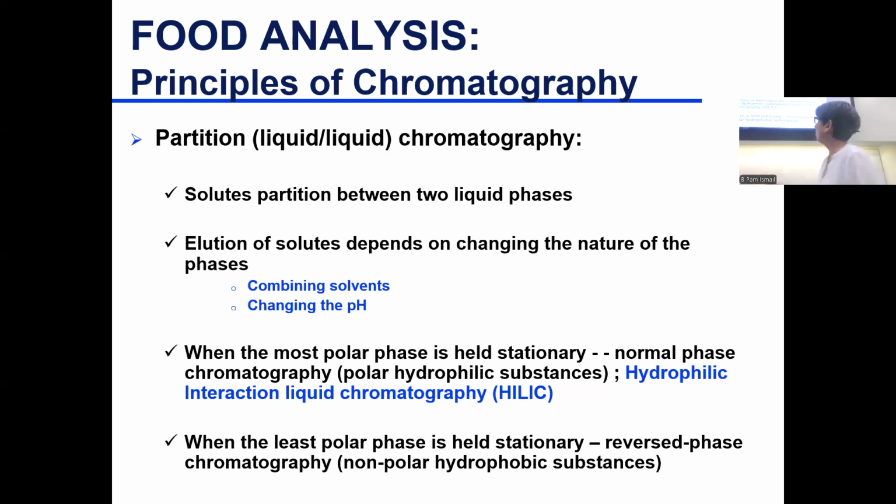But there is also hydrophilic interaction chromatography and hydrophobic interaction chromatography, which are very specific. We'll talk about the difference between normal phase and hydrophilic interaction chromatography, and between reverse phase and hydrophobic interaction chromatography. There are 4 different things, okay? We'll talk about them individually.